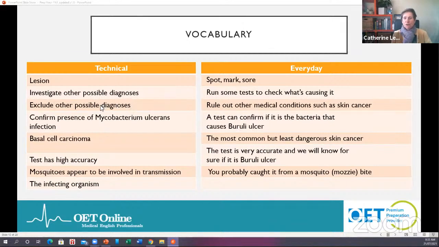So the infecting organism, any ideas what we could say in place of those words? The microbe, the bug, or the germ. Okay. These are the types of words that we're trying to use instead.